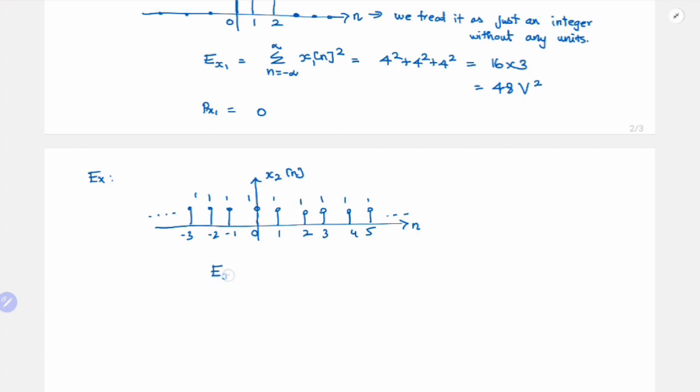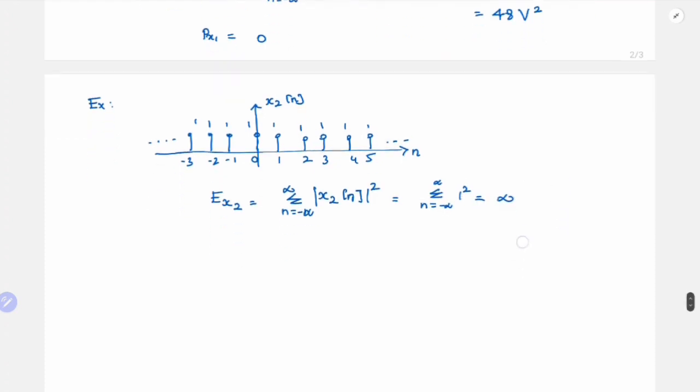So what is the energy of this signal? Summation n equal to minus infinity to infinity x2 of n whole square, mod square or just simply square. So this is nothing but summation n equal to minus infinity to infinity 1 square. So this is going to be infinity.